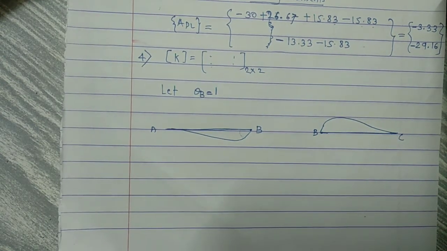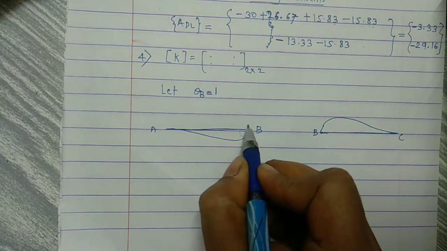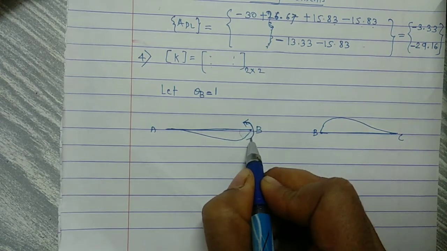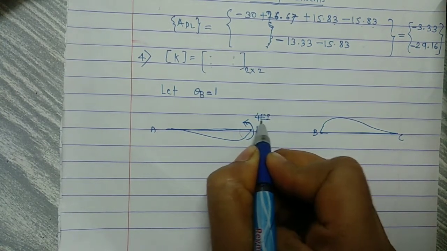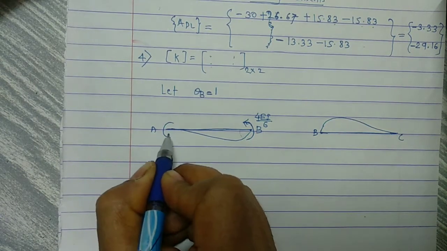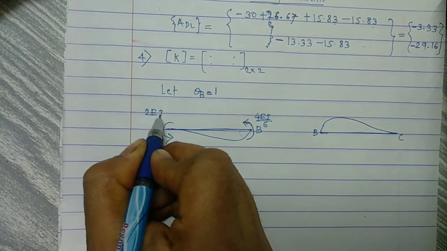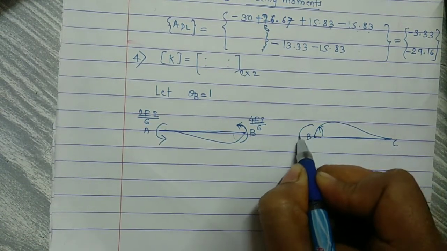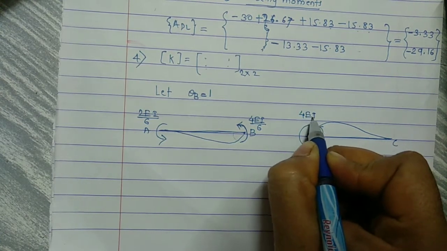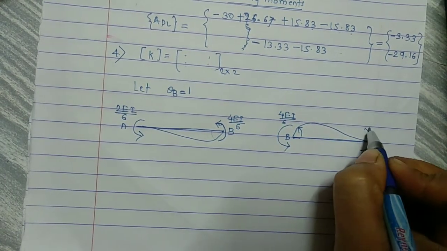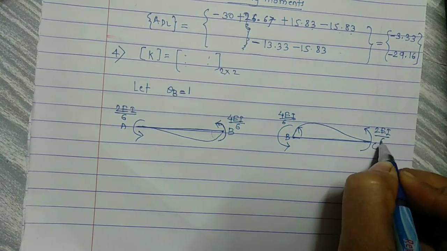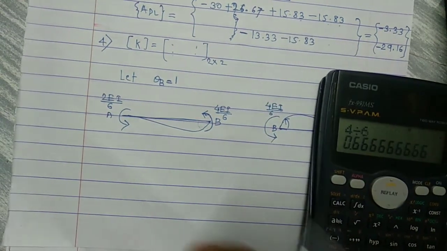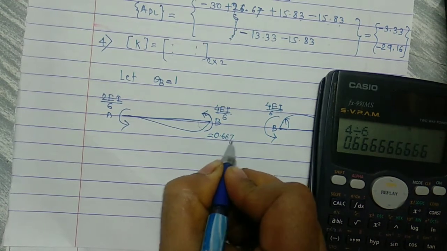Okay. Once the deflected figure is completed, now show the rotational stiffnesses. Rotation is given at point B. Therefore, the stiffness generated here is 4 EI upon L, with L 6 meter, and at A, 2 EI upon L, that is 6 meter. Similarly for BC, rotational stiffness here at B is 4 EI upon L, L for BC is 6 meter, and here it is 2 EI upon L. So calculate these stiffnesses: 4 by 6, 0.667 EI.